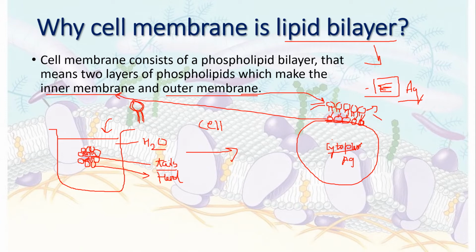The tails of both the outer and inner membranes tend to occupy the interior portion, which forms the hydrophobic core of the plasma membrane. It is a hydrophobic core because it is made up of these fatty acid chains, which are hydrophobic in nature.